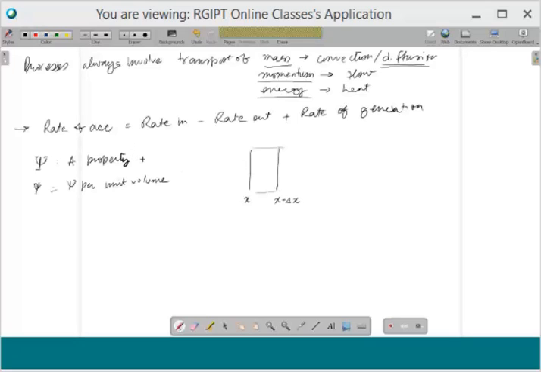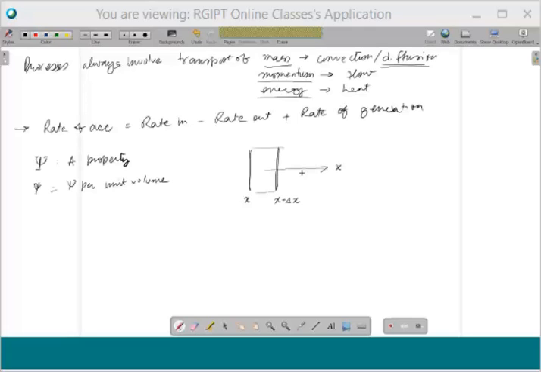Now there will be a flux associated with psi at the two surfaces over here and here, and the transport is happening in this direction, which is the x-axis.